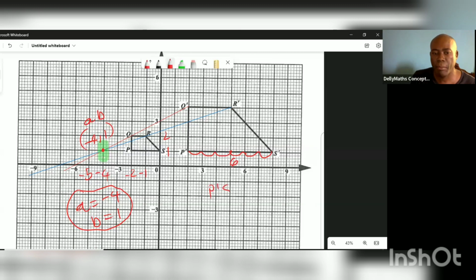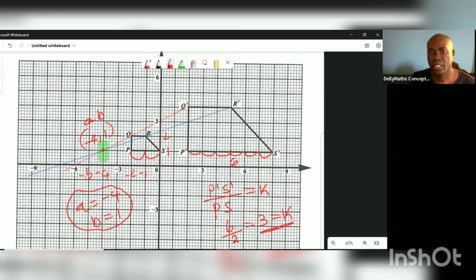So P prime S prime over PS can give me my scale factor, because if I divide the image by the corresponding object, I will get the scale factor. So this is 6 over 2, which is equal to 3. So my scale factor is 3.